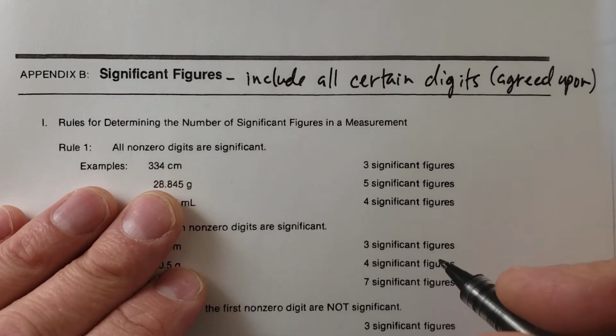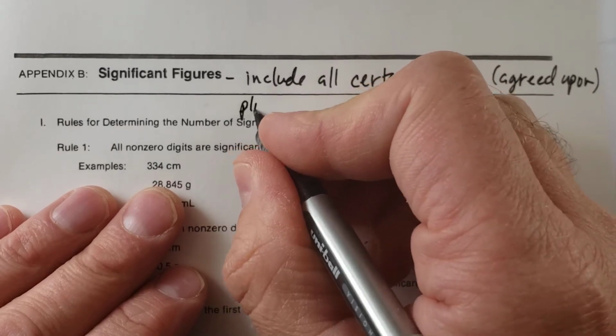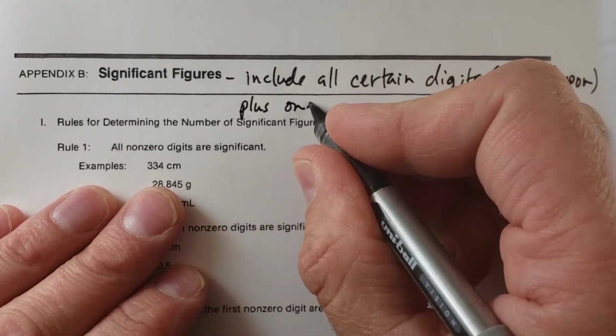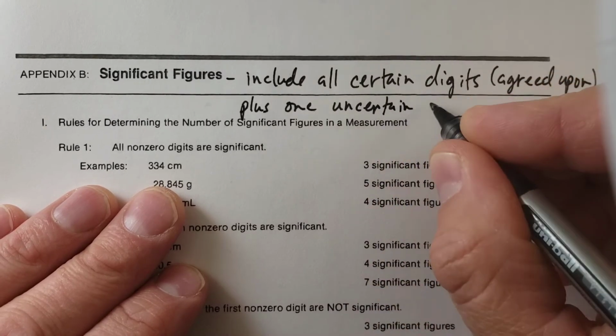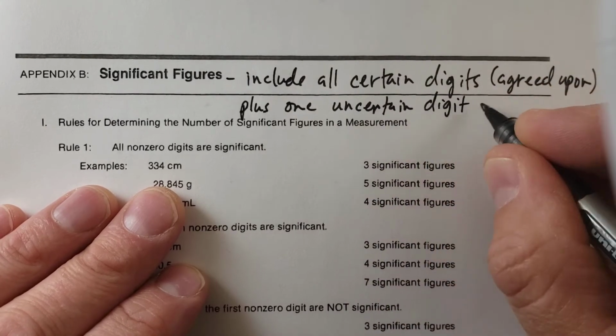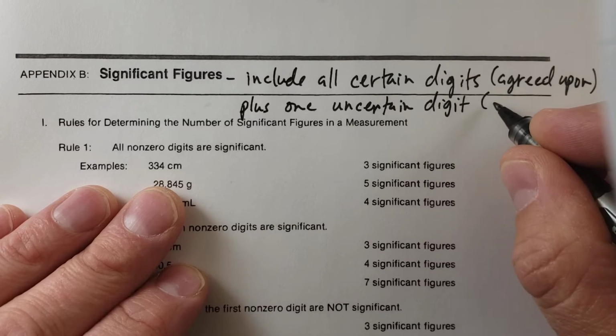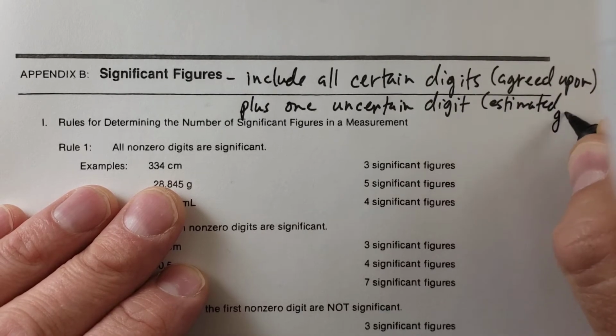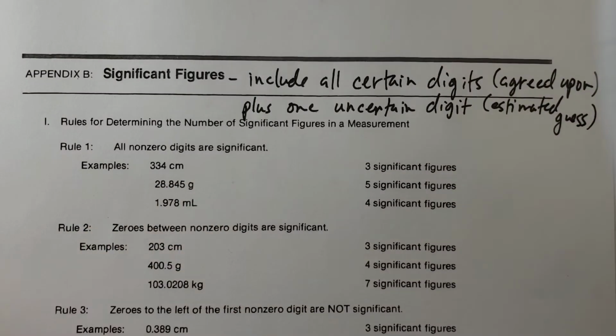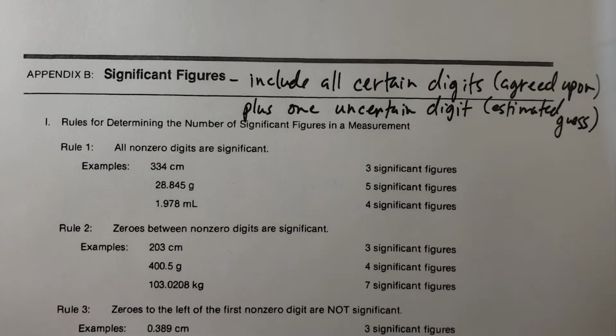So all those digits that we agree upon, plus 1 uncertain digit. Or we could say estimated guess. So the one that we had to guess on. That would be the last digit that we include.